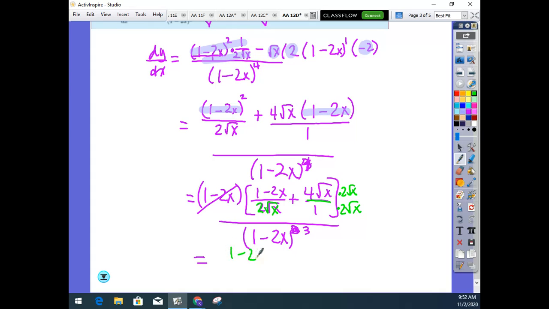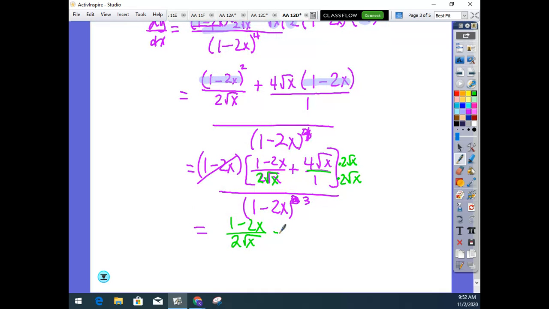So I have 1 minus 2x over 2 square roots of x plus, now when I multiply, 4 times 2 is 8. Square root of x times square root of x is x, all over 2 square roots of x, all over, this just stays the same all the way through.